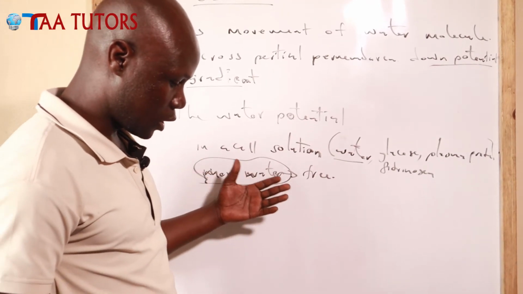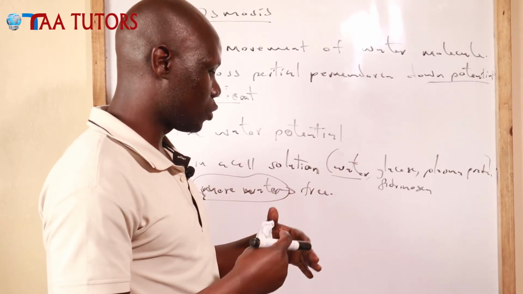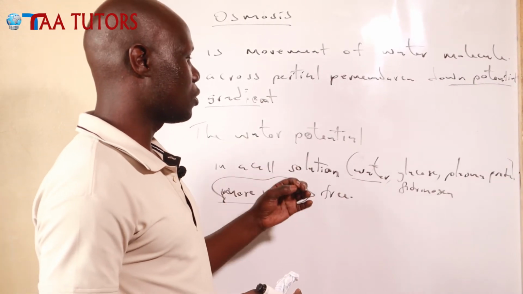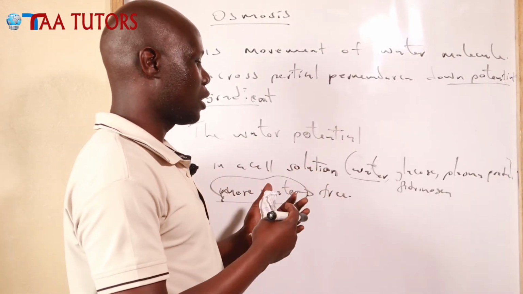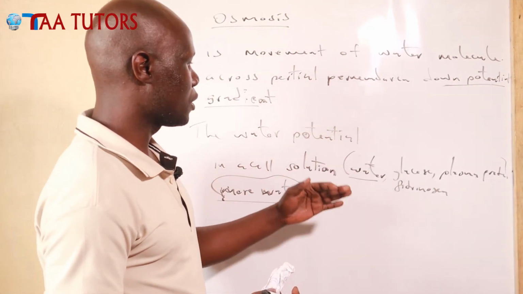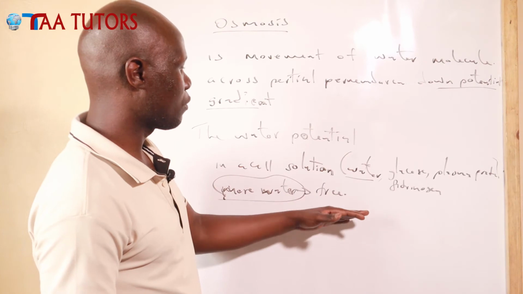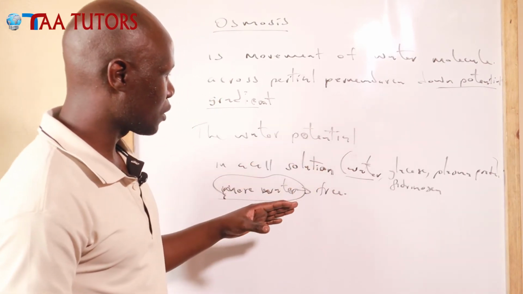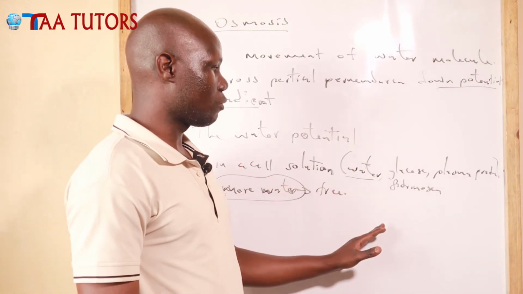So the potential gradient exists when we have two solutions that have different concentrations, and this concentration will be based on what we have in the cell, like the food molecules and the proteins that can dissolve. But remember that some of these molecules in the cell cannot affect the movement of water.